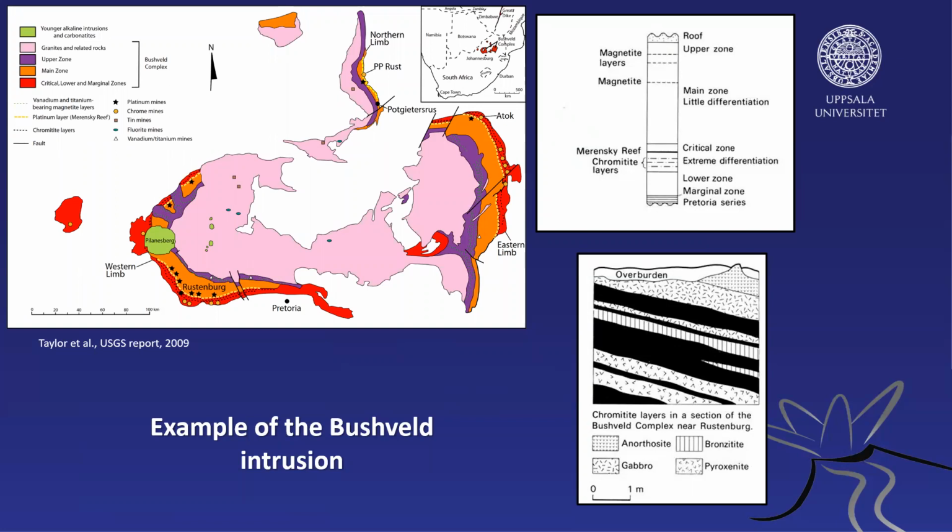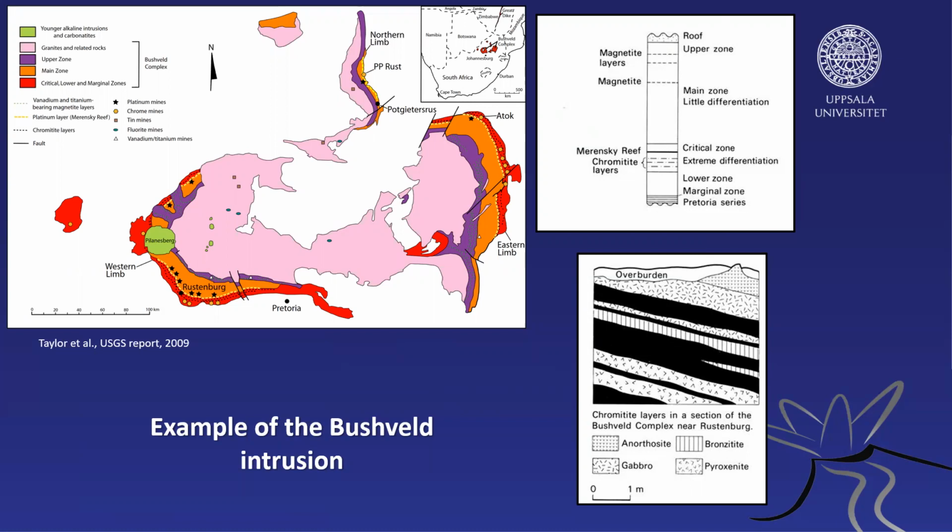This is where you can find it in South Africa. And you see the scale. That's dozens of kilometers. That's super big. It's not continuous, but nevertheless, it's super big.